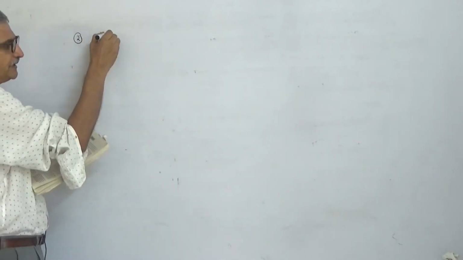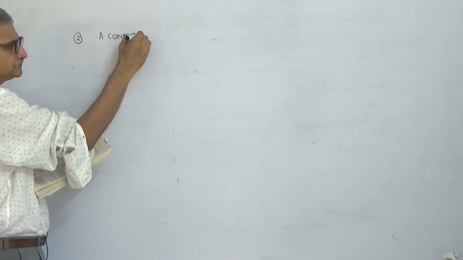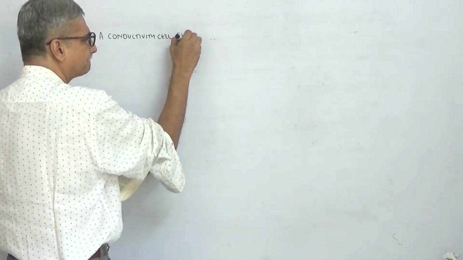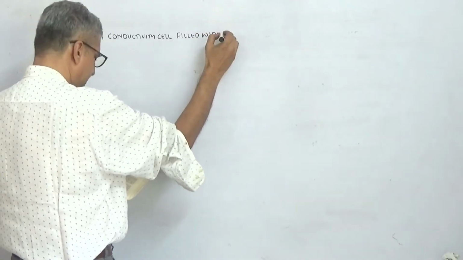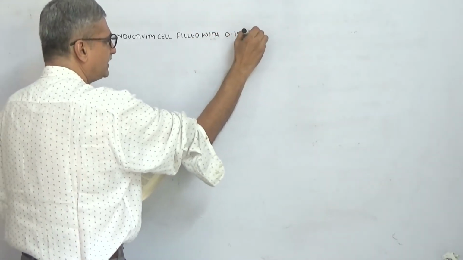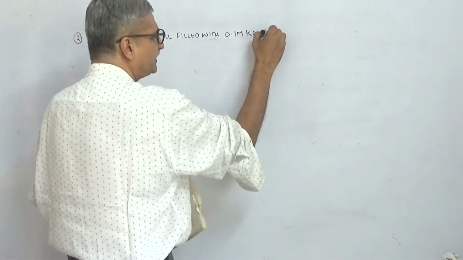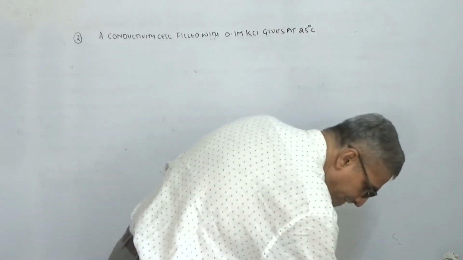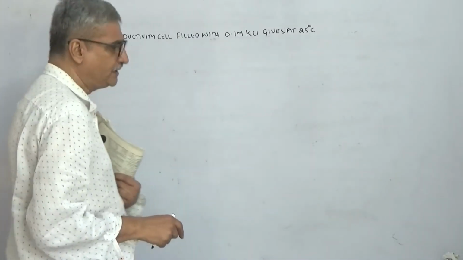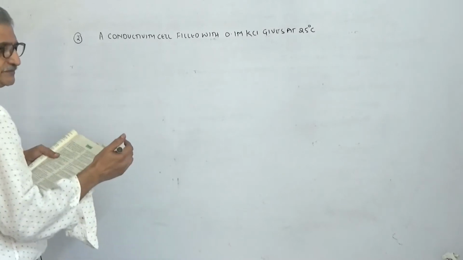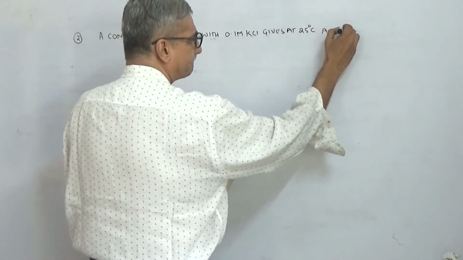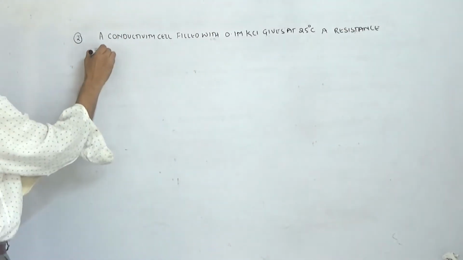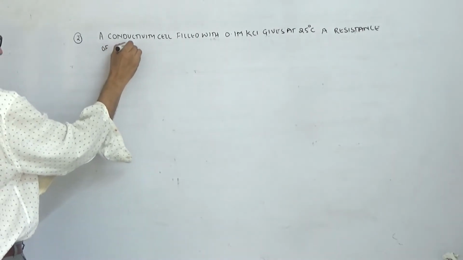A conductivity cell filled with 0.1 molar KCl gives at 25 degrees centigrade a resistance of 85.5 ohms.